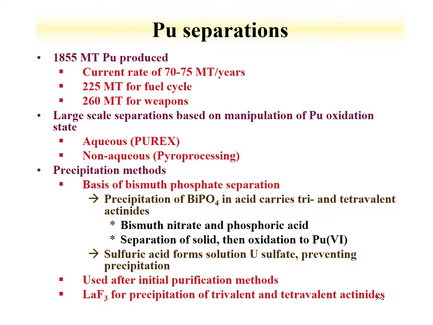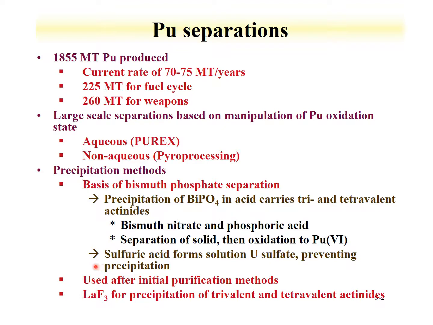In some forms of the bismuth phosphate process, sulfuric acid forms uranium sulfate, which prevents precipitation of that material in the solution. So one could use that as a route for trying to tune the chemistry of the uranium so that it does not come out with the plutonium.